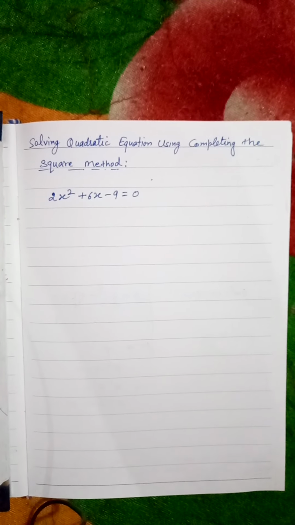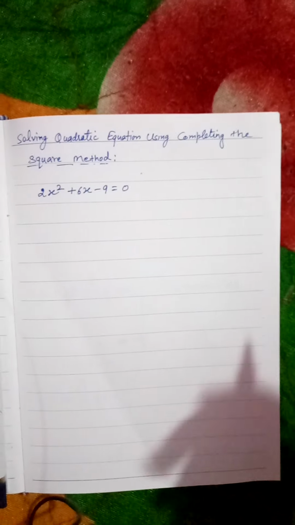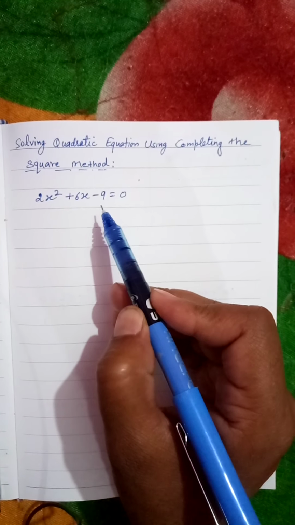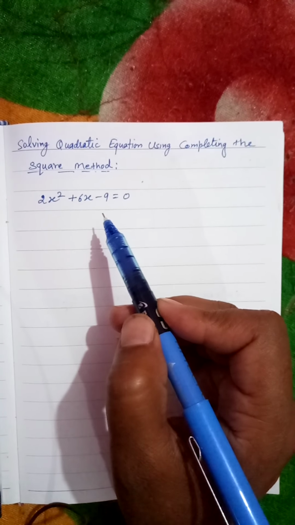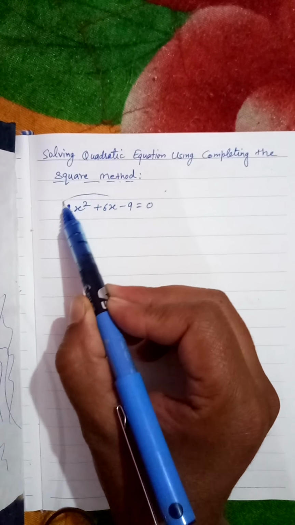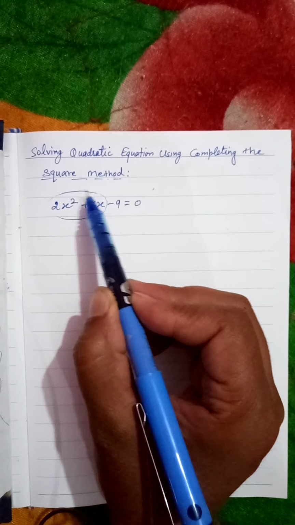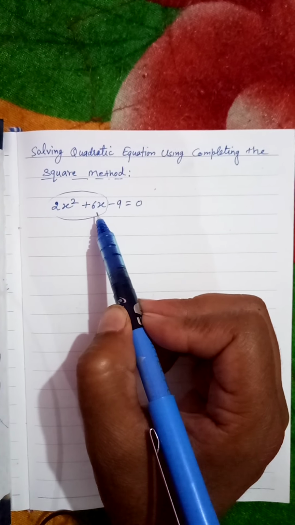Let's begin with the method which is known as the completing the square method. Here we have an equation 2x square plus 6x minus 9 equal to 0. So the first step is to look at the variable parts. Look at this part, which is 2x square plus 6x.